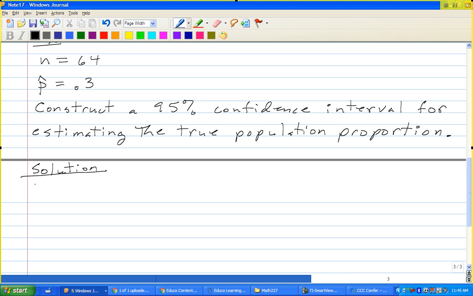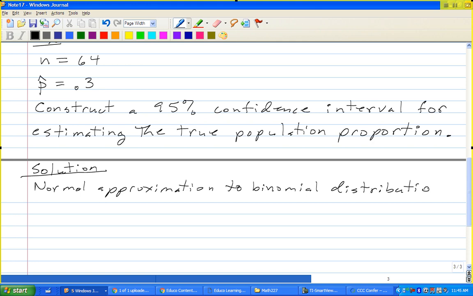And so let's first check if the normal approximation is applicable.